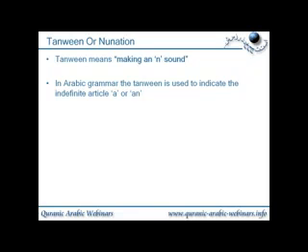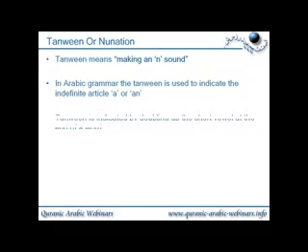For instance, a book, an elephant, a plane, a house, etc. So you're talking about something in general, a general noun. But you would cover that if you study Arabic grammar. That's just a bit of background information.